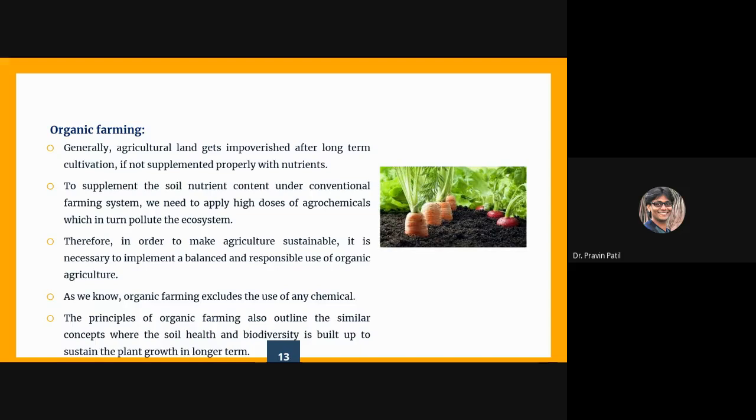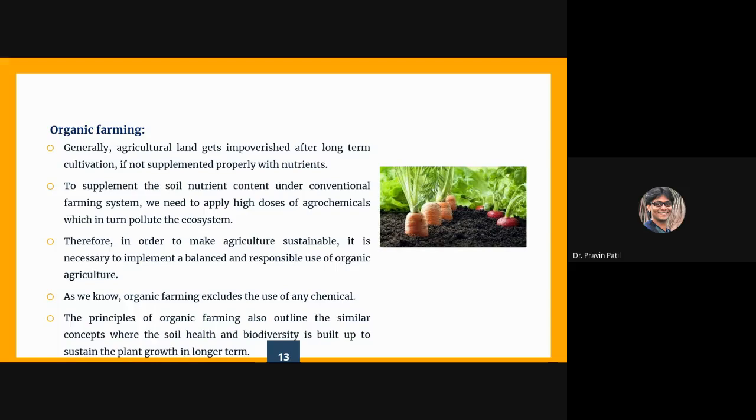No chemical fertilizers were used. That is known as organic farming, which is trying to resurface in this current era of pollution and global warming, which is a good step. But organic farming cannot be attained without the help of biofertilizers.